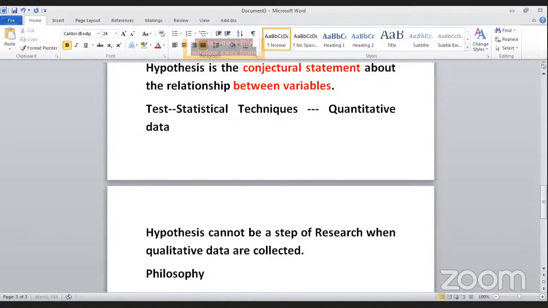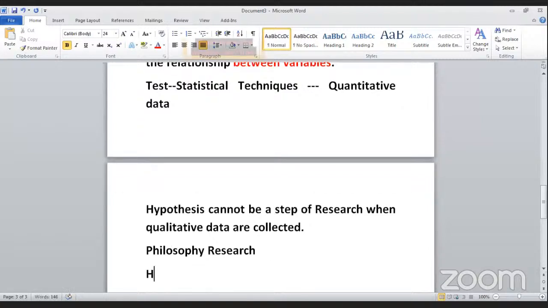If you are conducting a historical research, now in historical research also, the maximum information which you will collect will always be qualitative in nature. You will have some quantitative numbers. Therefore, you cannot have the hypothesis whenever you are conducting any historical type of research.